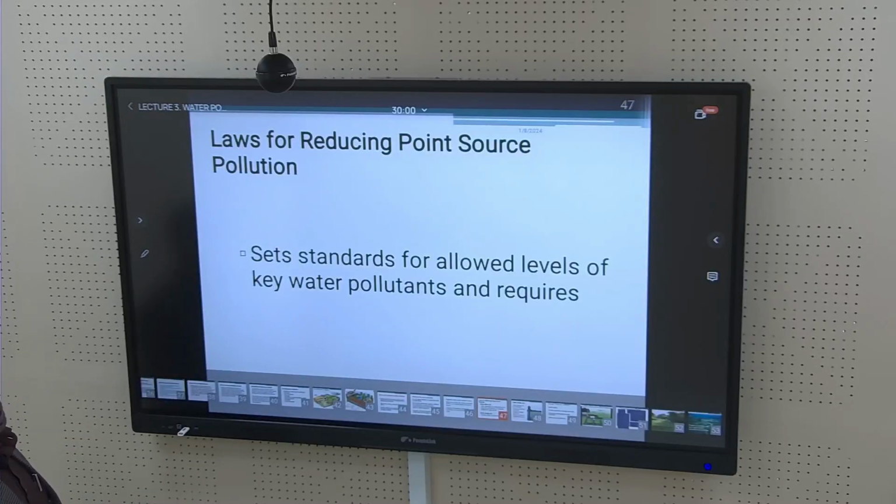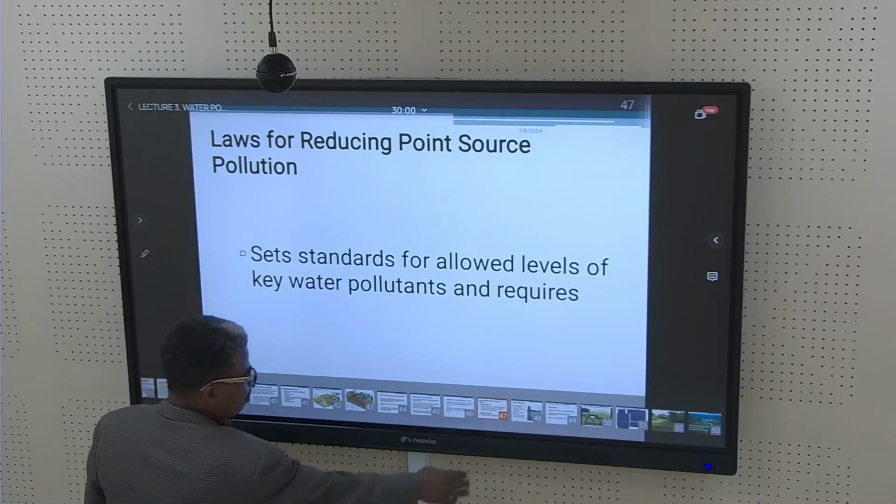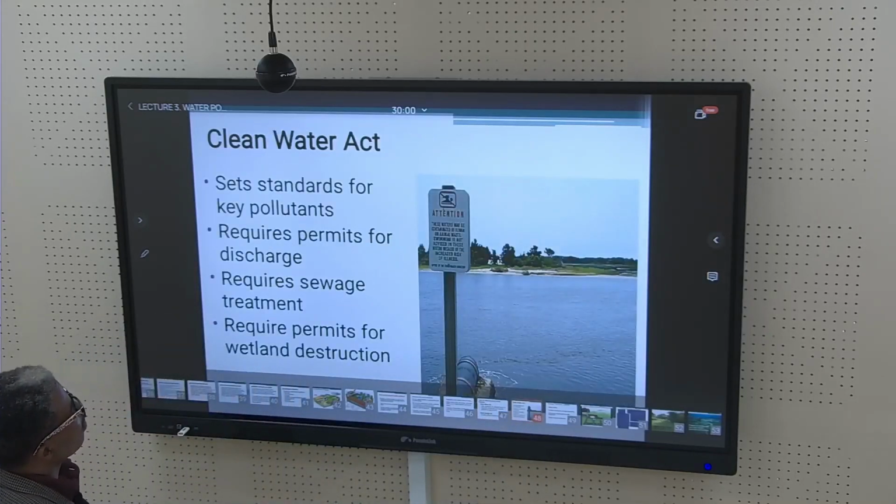Some laws have been put in place for reducing point source pollution. They set standards for the allowable level of key water pollutants. The Clean Water Act sets standards for key pollutants, requires permits for discharge, requires sewage treatment, and requires a permit for wetland destruction.